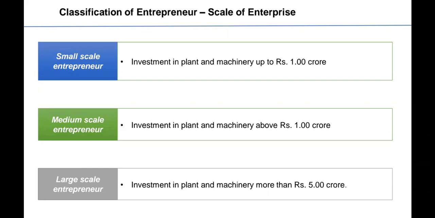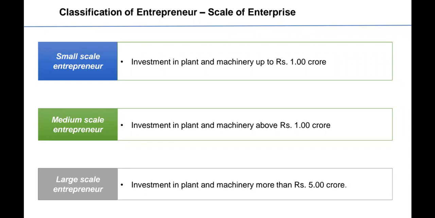Such entrepreneurs we generally call medium scale entrepreneurs. Now the large scale entrepreneurs are those whose investment in plant and machinery is more than 5 crores. In medium scale, the investment should be above 1 crore and less than 5 crores in plant and machinery. If you are investing even up to 4 crore 90 lakh, or even up to 5 crores, then you will be a medium scale entrepreneur.